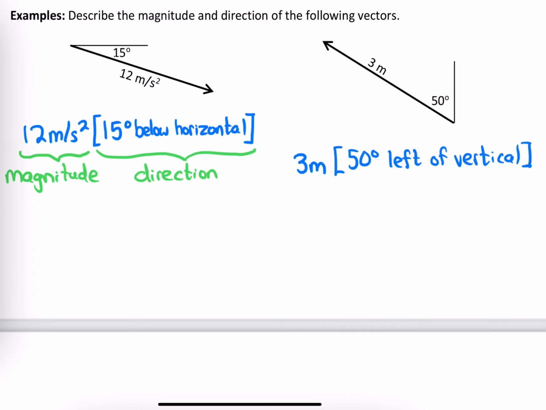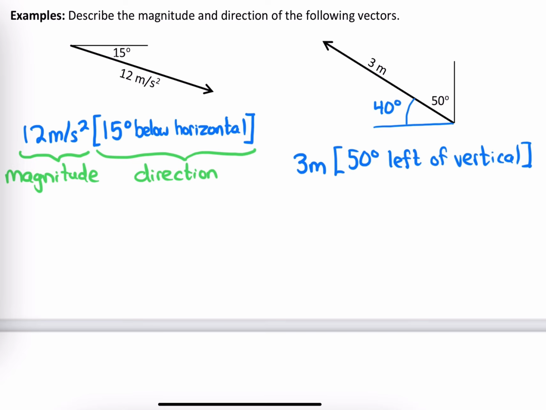And we can do that for this vector here. There's a horizontal line. And I can find what the angle would be between the vector and the horizontal line. Because I've got a 90-degree angle here between the horizontal and the vertical, I know that this full angle from here to here has to be 90 degrees. Since this part is 50, the remaining part here has to be, what adds to 50 to give me 90 degrees? 40 degrees.